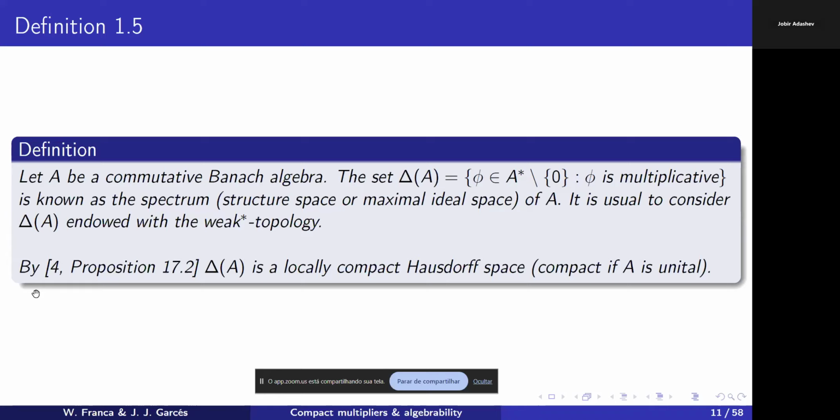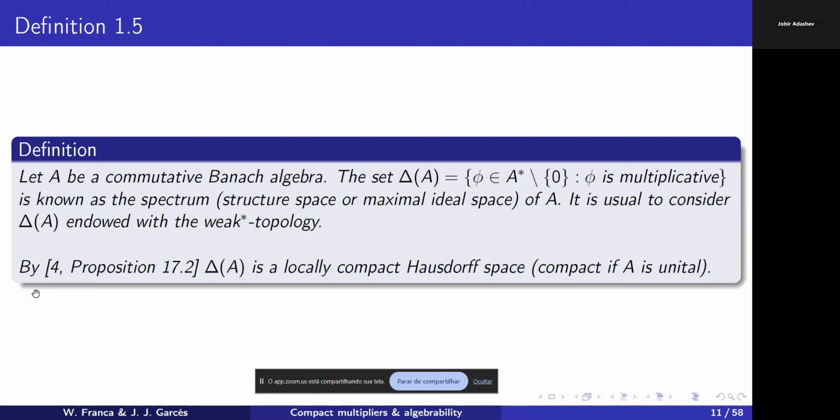All right. It is usual to consider the spectrum with the weak star topology. Just to recall, in this case the weak star topology is pretty much the pointwise topology, where your convergence is based on points. You're considering a net converging to another function if it converges pointwise.